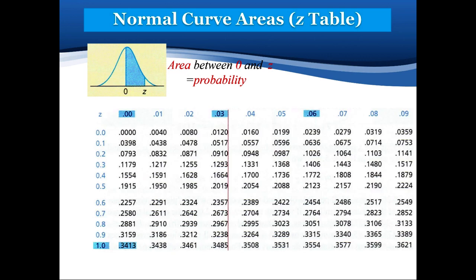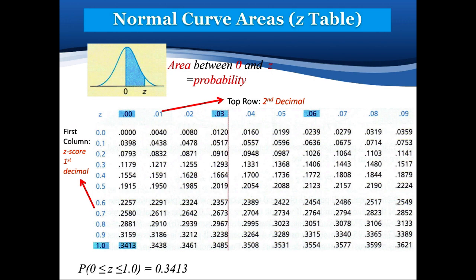In the z-table, the first column is the z-score's first decimal, and the top row is the z-score's second decimal. The body of the table is the area between 0 and the z-score z, which is also the probability.